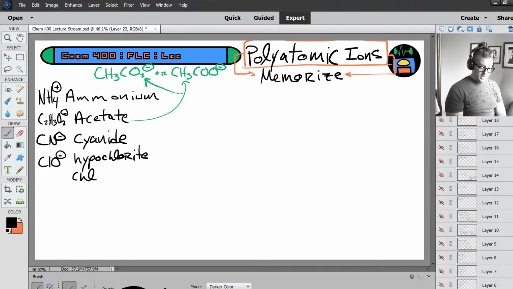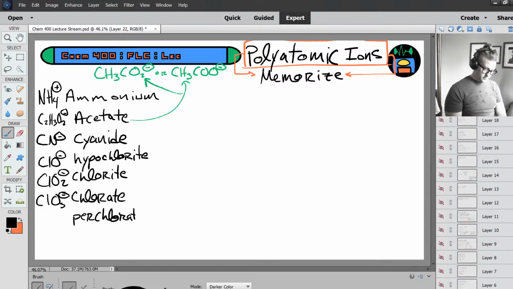We have chlorite, ClO2, the charge of negative 1. We have chlorate, ClO3 with a negative 1 charge. And we have perchlorate, which is ClO4 with a charge of negative 1.